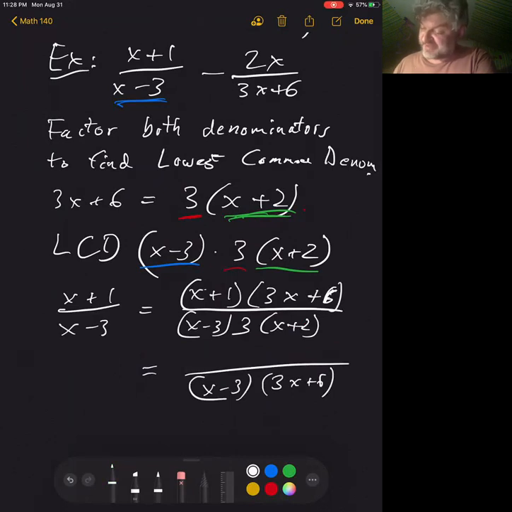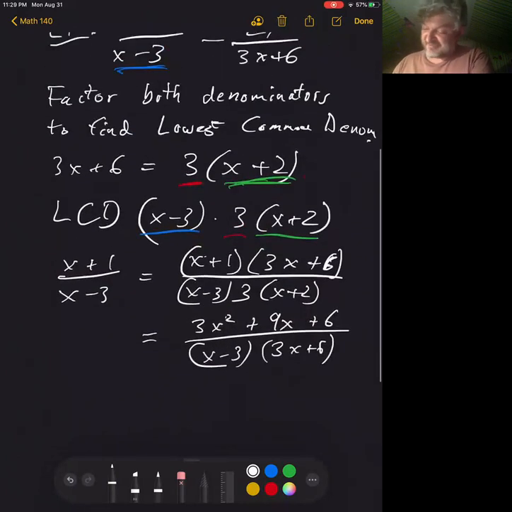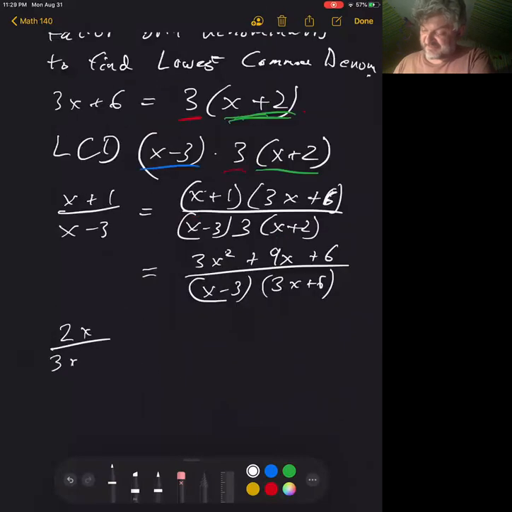So we have a 3x squared. We have 3x and we have 6x for a total of 9x. And we have 1 times 6 is 6 at the top. Okay, now for the other one, that was a 2x divided by 3x plus 6.